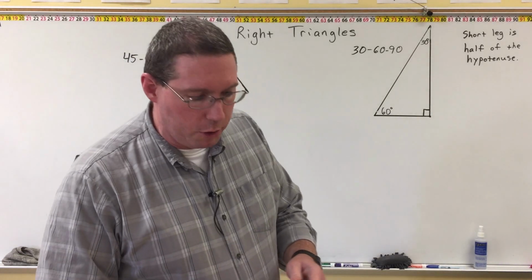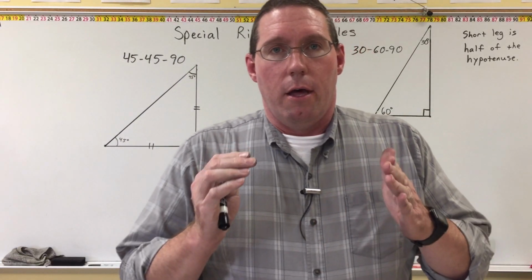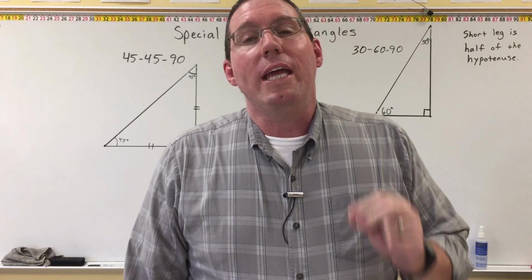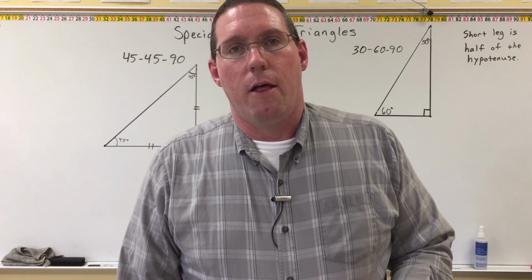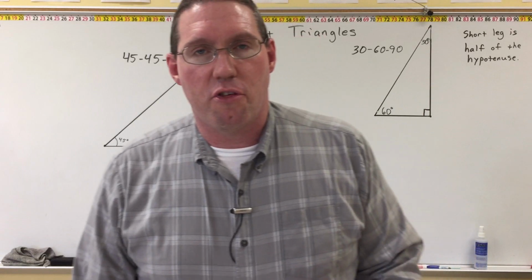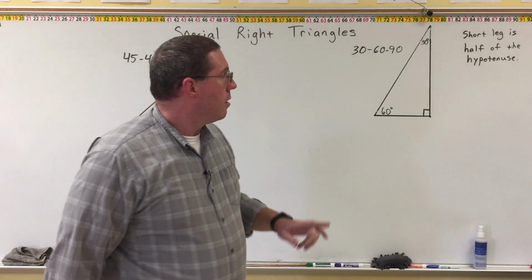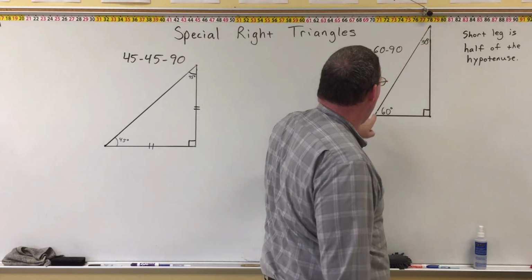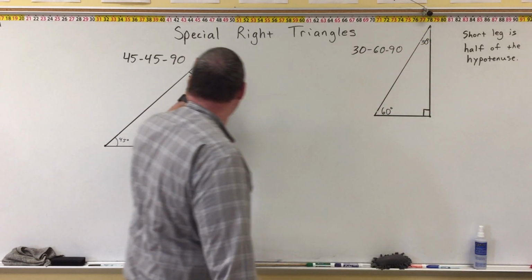All right, so now here's why we're doing this. You might say, well, why are we trying to understand these special right triangles? We want to understand the relative lengths of the sides of these special right triangles.